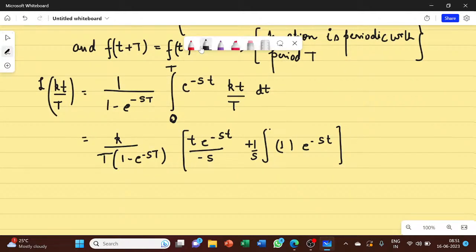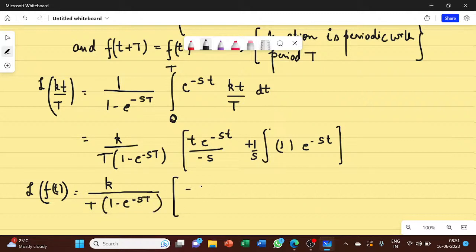Now what will it be? The Laplace transform of your given function f(t), which is kt divided by T, is k divided by T times 1 minus e to the power minus sT, and then this is minus t e to the power minus st divided by s, and the derivative again, so you take minus 1 upon s integral again. I'll take this negative out.